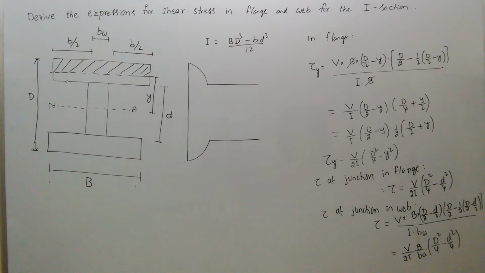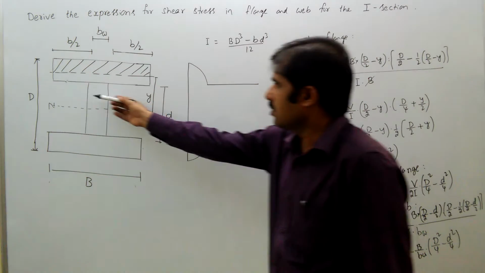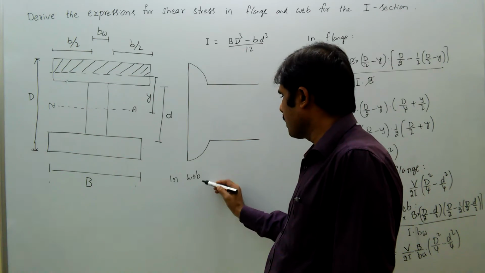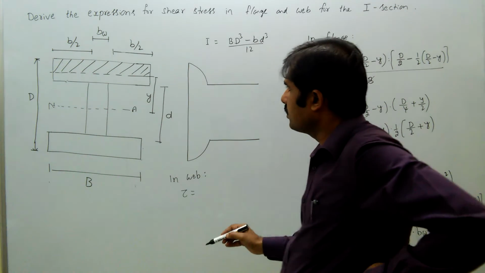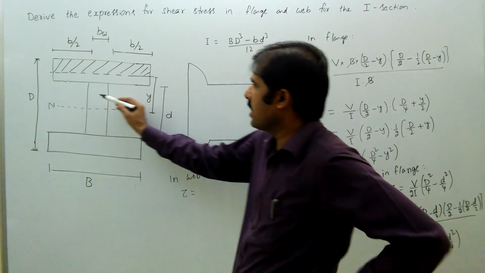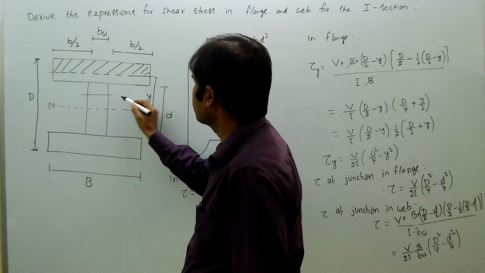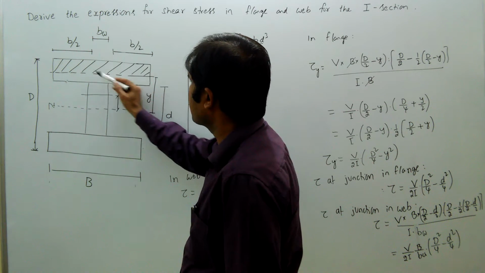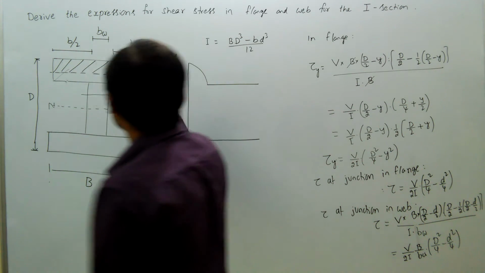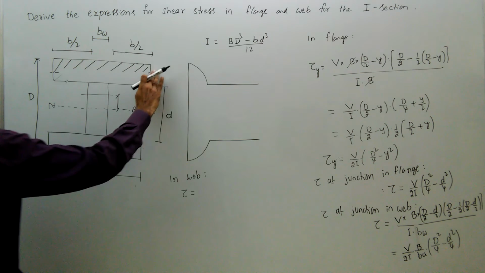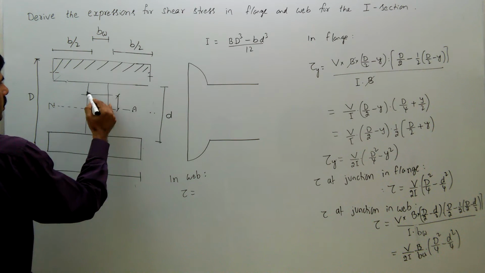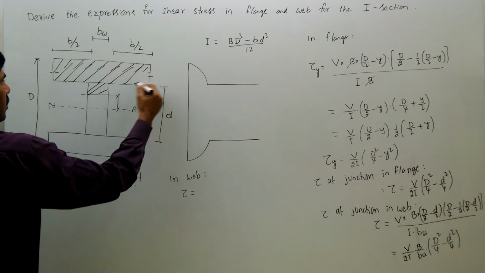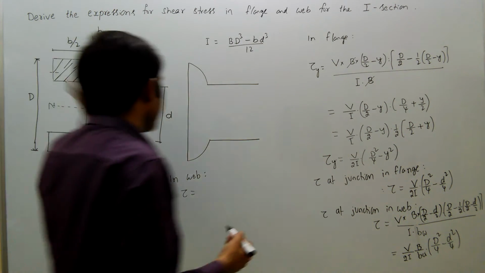Then, what about in this web? In web, if y is somewhere here, then the hatched zone will be completely above this area. Q is now the moment of this hatched zone.